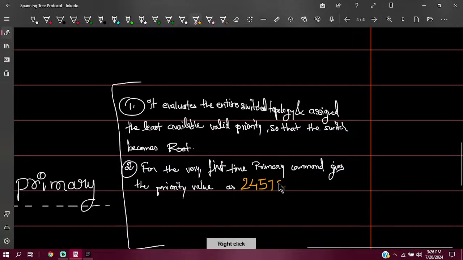Okay, I'll just proceed ahead with the explanation in this sentence only.